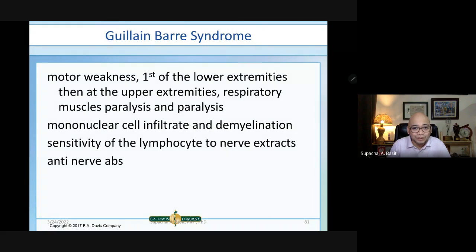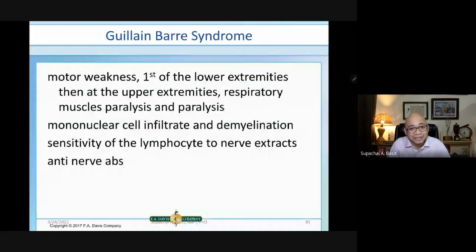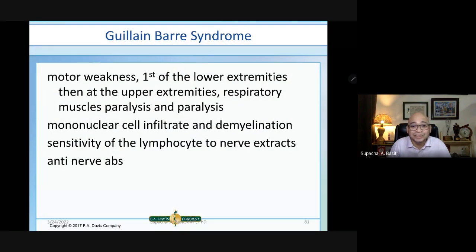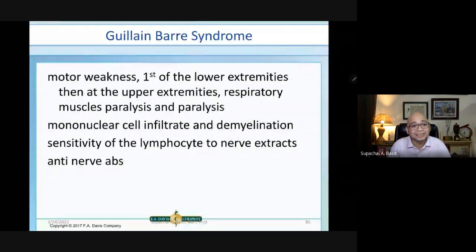So there is a mononuclear cell infiltrate and demyelination, just like in multiple sclerosis. This time, you develop sensitivity of the lymphocytes to nerve extract. So somehow the patients develop anti-nerve antibodies. Just like multiple sclerosis, in Guillain-Barré syndrome there is damage of the myelin sheath.